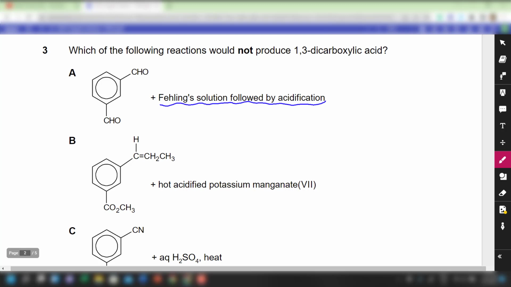So this question is to test whether the students recognize that aromatic aldehyde cannot be oxidized by Fehling's but can be oxidized by Tollens' reagent. Because of that, I will straight away pick option A as my answer, because for the rest of the options, I will be able to get 1,3-dicarboxylic acid.